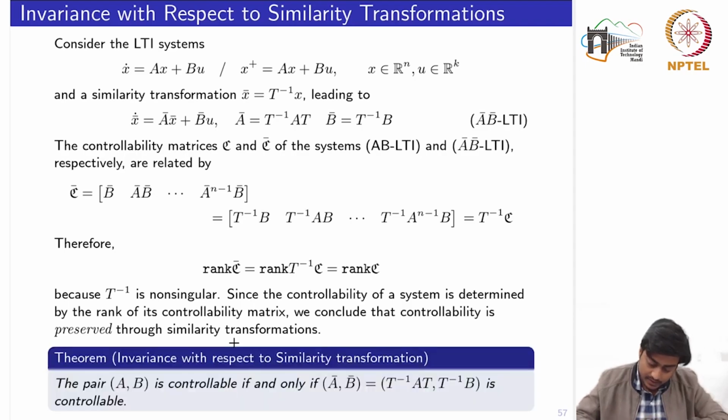This is the key result: either you say that the controllability is invariant under any similarity transformation, or you say the pair A, B is controllable if and only if the pair A bar, B bar is also controllable, where A bar, B bar are given in terms of A, B and the similarity transformation matrix. The proof of this theorem is in fact given above. We started with, and this is what we call proof by construction, and then finally gave the result.